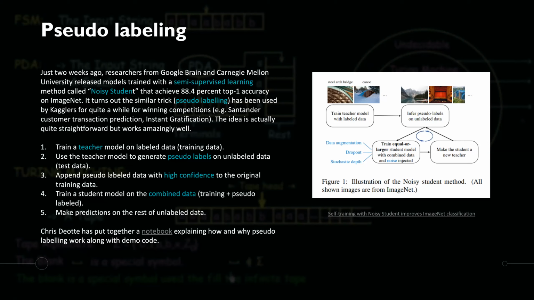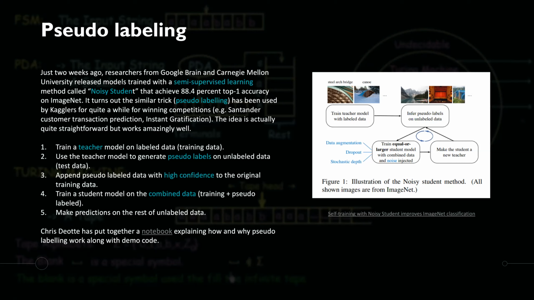If we are working on a classification problem, we end up with output probabilities for each class, and then we choose those predictions with the highest confidence, or highest probability.